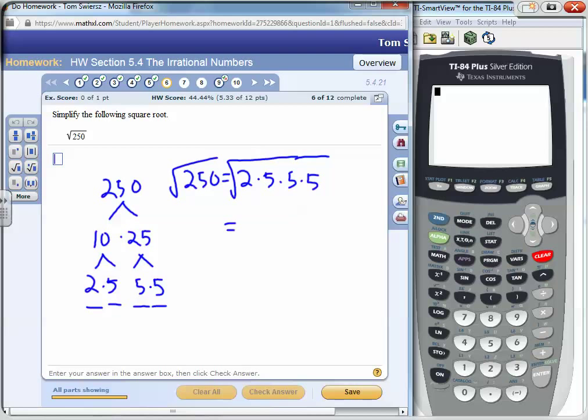What's our rule? When it occurs twice, it comes out as a perfect square. So square root of 2 5's, which is 25, square root of 25 is 5, comes out once. What's underneath the radical? 2 times 5, which then you would have to multiply together. There's only one number outside the radical, which is 5, and then 2 times 5 is 10, so it would be 5 times the square root of 10. And that would be our correct answer.